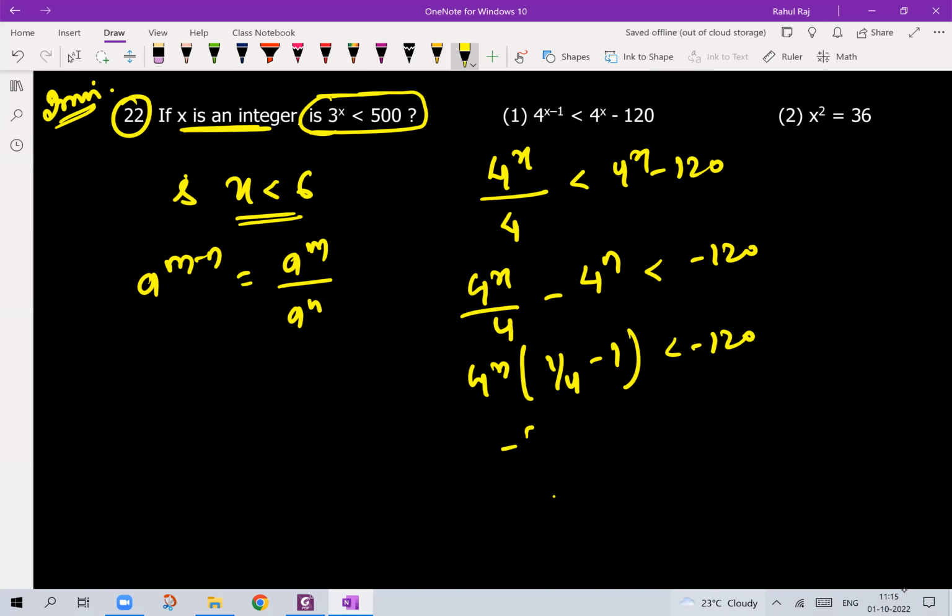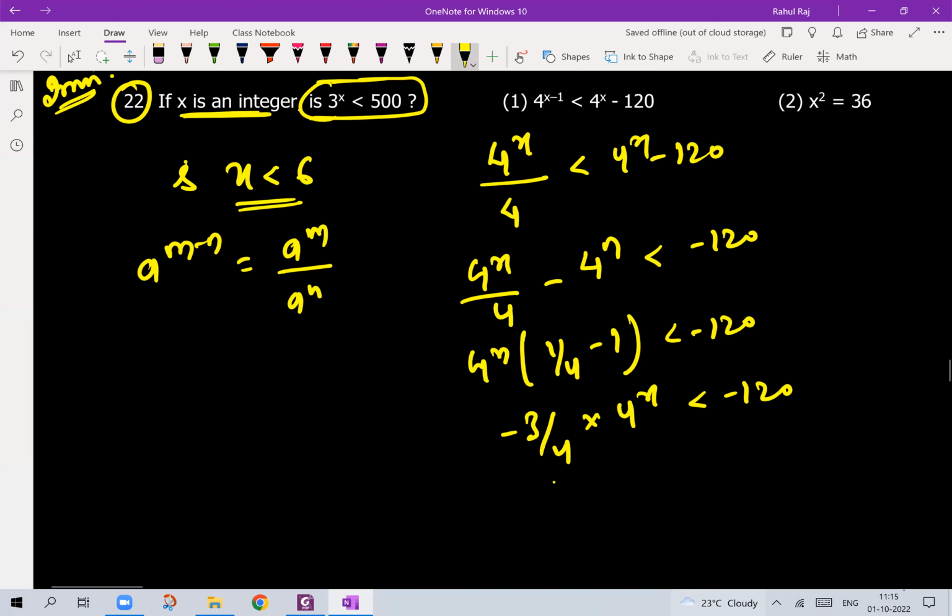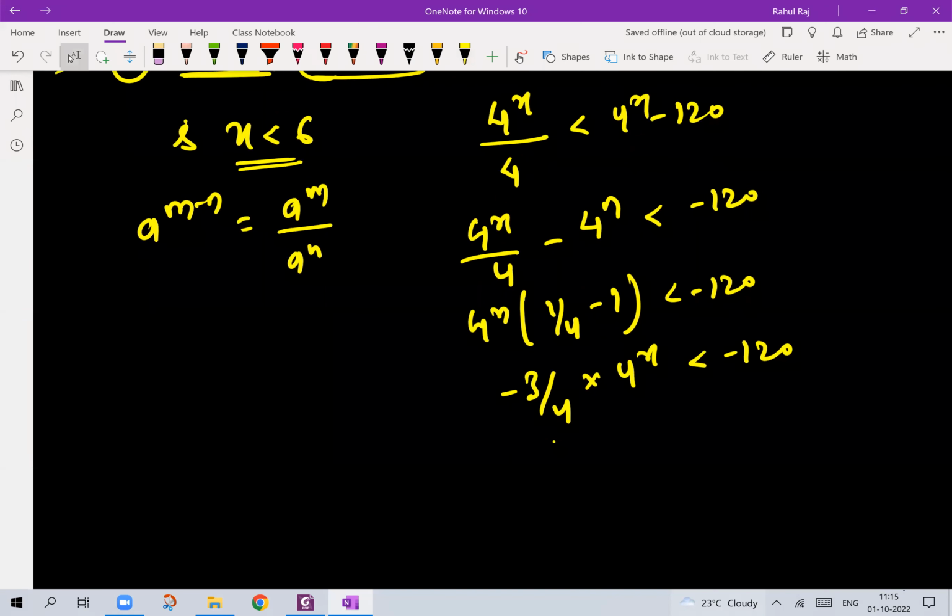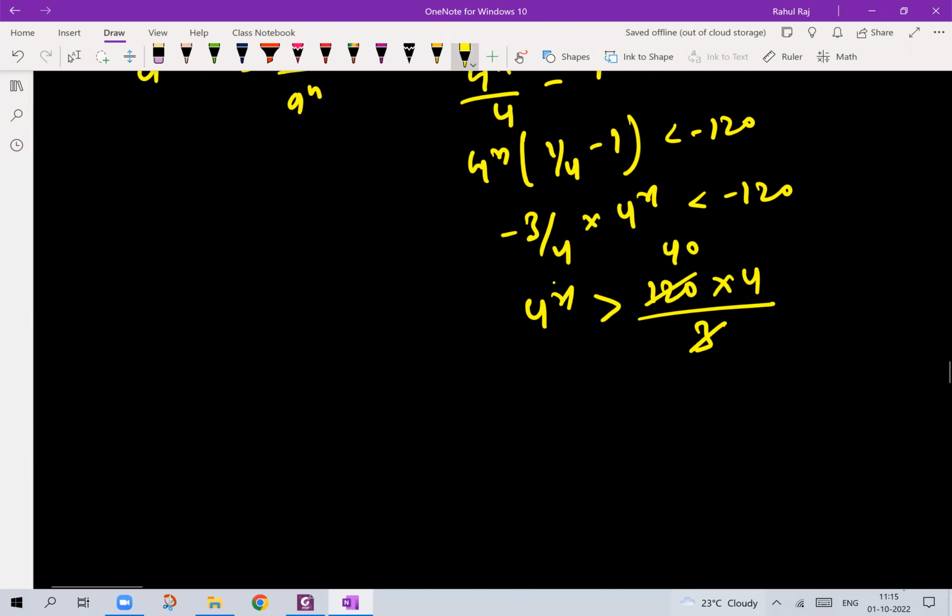1 by 4 minus 1 is nothing but negative 3 by 4 into 4 to the power x less than negative 120. What I'm supposed to do now? I'm supposed to multiply negative both the sides and take 3 by 4 on the right hand side. So will I get 4 to the power x greater than 120 into 4 by 3? That is 3 fours. So can I say 4 to the power x is greater than 160?